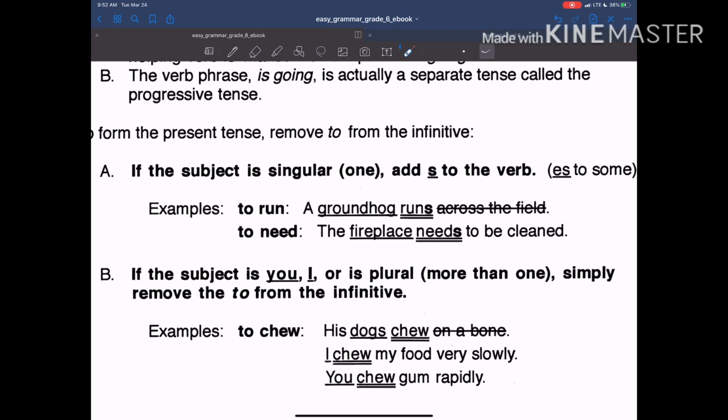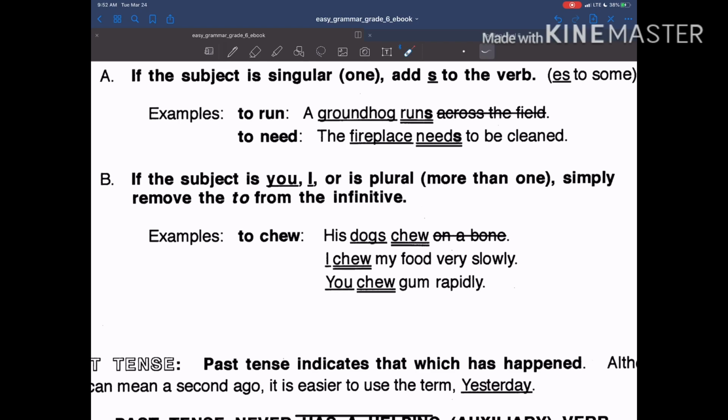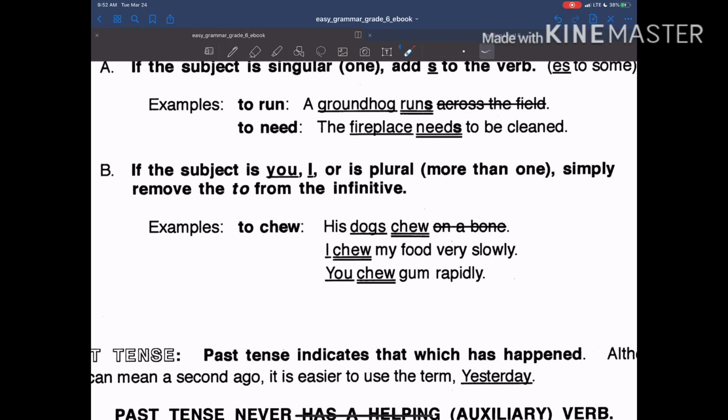If the subject is you, I, or is plural, more than one, simply remove the to from the infinitive and we don't add the s. And that is where I messed up on number 3 on the other page. I wasn't paying attention that the I was used, okay? His dogs chew. That's more than one dog, so we take away the s.